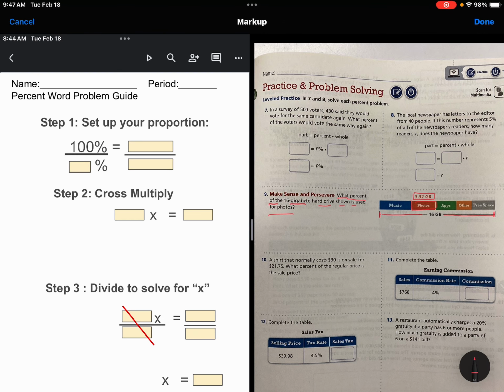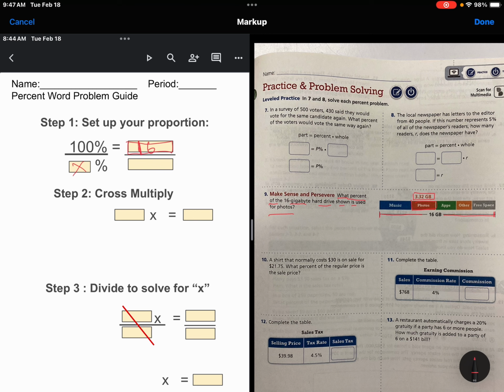Okay, so we gotta set up our proportion here. First of all, what is my total amount of gigabytes that I'm gonna put here as my 100%? Yes, that will be 16 gigabytes, right? Good. And then what percentage of those gigabytes is assigned for photos? Do we know? We don't know, so we put an X right there.